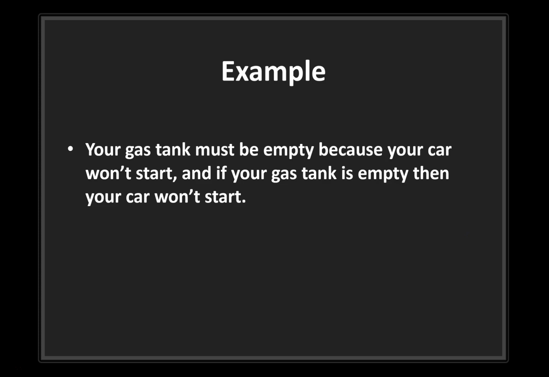So your gas tank is empty is your X. Your car won't start is your Y. Then second premise, your car won't start. Therefore, your gas tank must be empty.